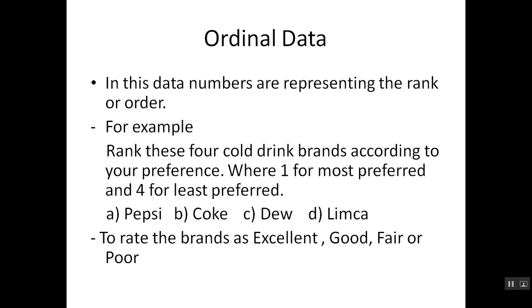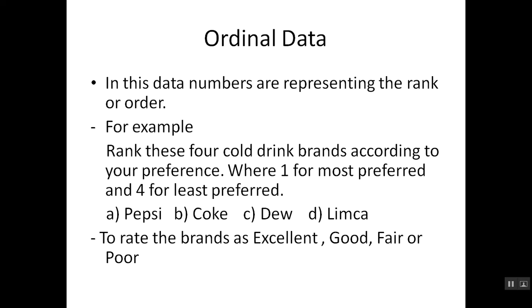Now in this case, 1, 2, 3, 4 is not a number, but these are the orders. Pepsi is number 1, Coke is number 2, Dew is at number 3, Limca is at number 4. Right? So just think for a moment. If a respondent says that he likes Pepsi very much, but the other 3 brands are the same for him, like he never used Coke, Dew and Limca because he likes Pepsi very much.